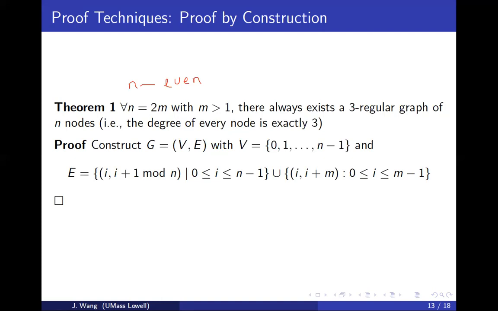So we can say n starts from 0. So let's say 0, 1, 2, up to, let's say, finally 2m minus 1.